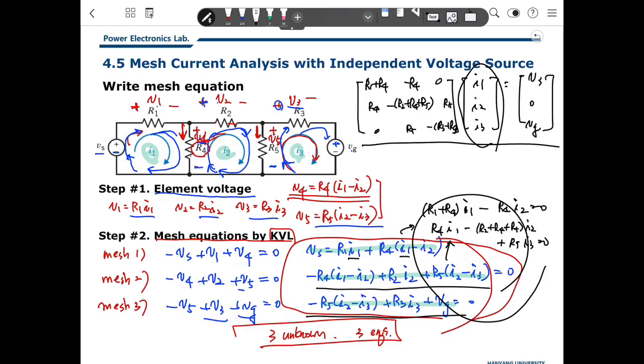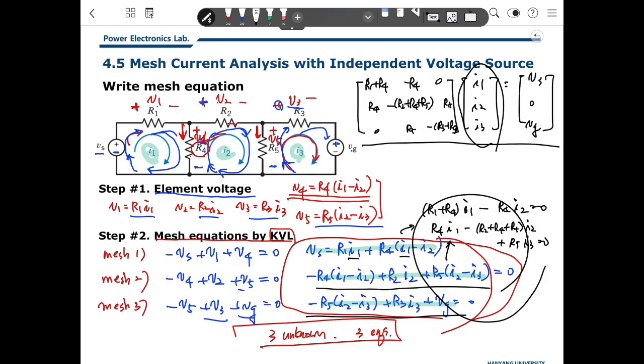So as I said, mesh current analysis is an electric circuit analysis technique, the dual of node voltage analysis. We define the mesh currents at first, then use each mesh's KVL. To apply the KVL, we need to know the voltages of all elements, so we define the element voltages, and second, we apply KVL to every mesh.